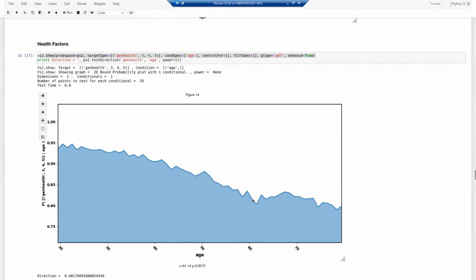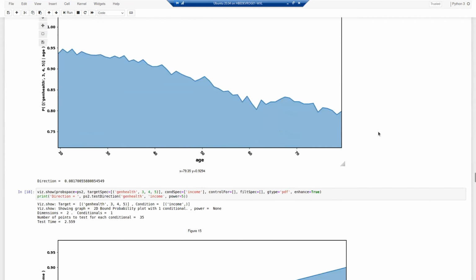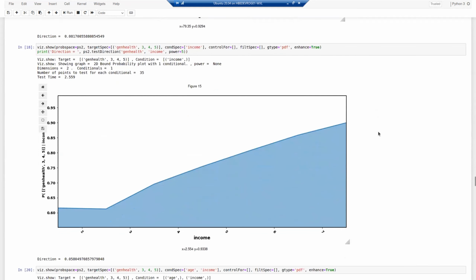One slight surprise here is this little rise around the age of 60 to 68. And we'll come back to that later. So there's also a strong correlation between health and income. We don't really understand this, and it's not clear what the direction is.